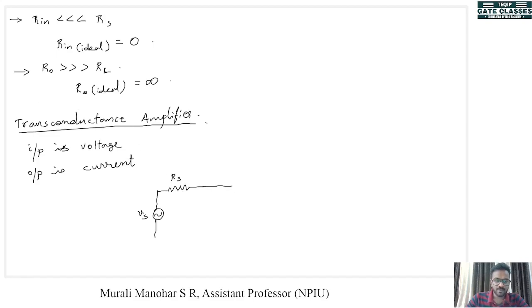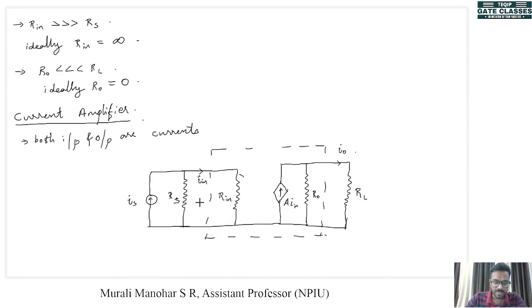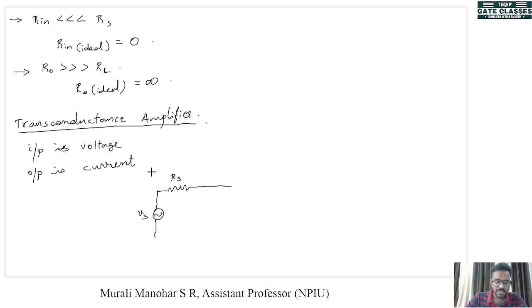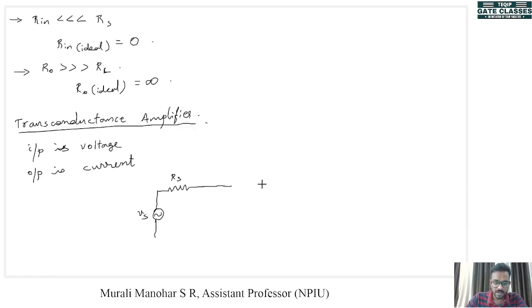Now the input of this transconductance amplifier will look like the input of a voltage amplifier, and the output of this transconductance amplifier will look like the output of a current amplifier.